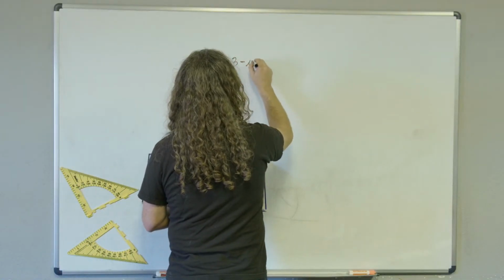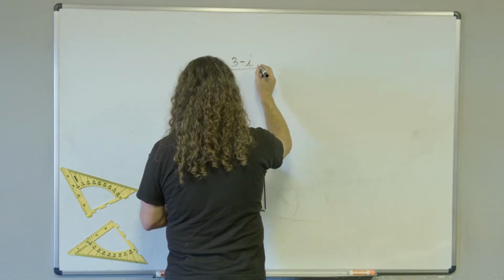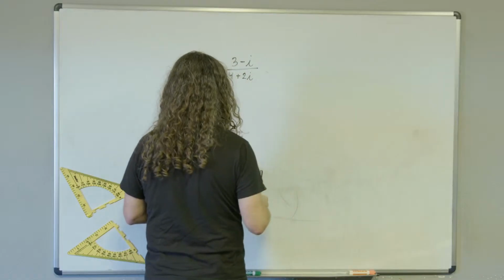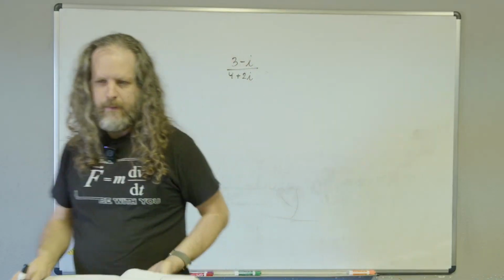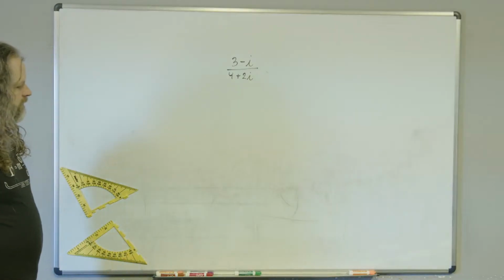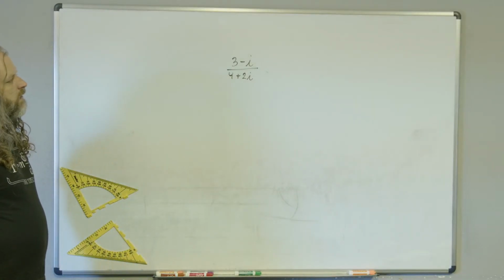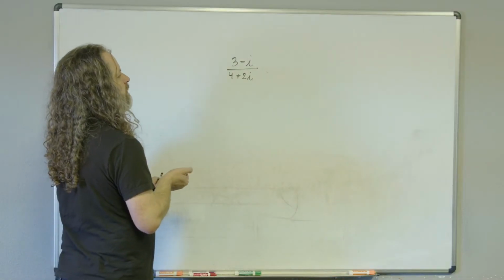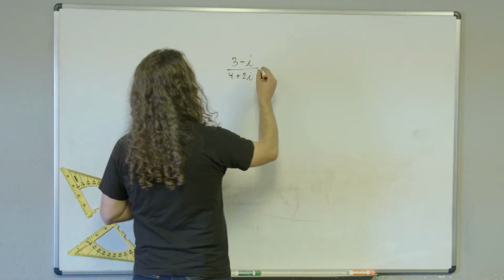Three minus i over 4 plus 2i. What do we do? Multiply by the conjugate. What is the conjugate? Yes.